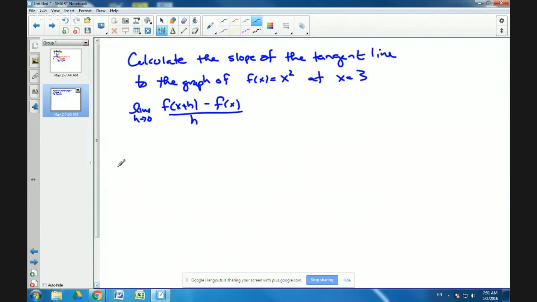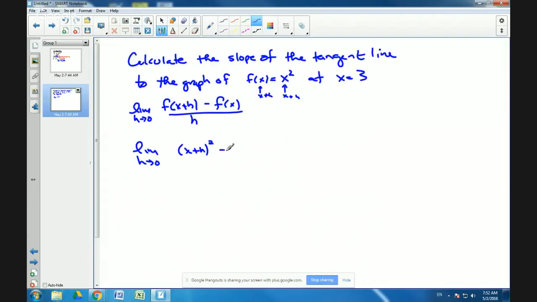All right, so let's, what is f of x plus h? We're gonna plug x plus h in. So it is (x plus h) squared. Right? It's just like putting 3 in here, you plug it in.